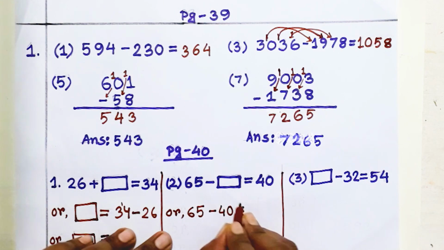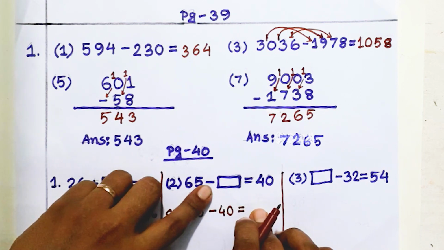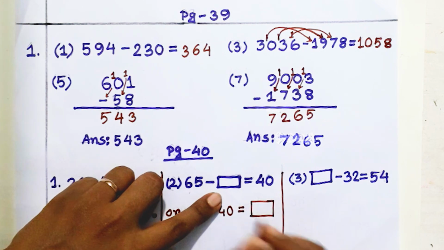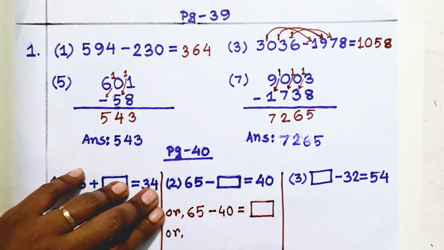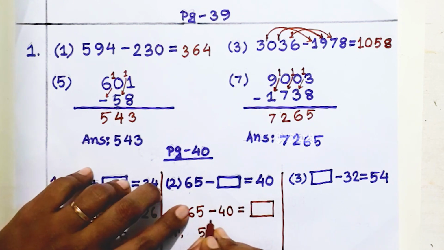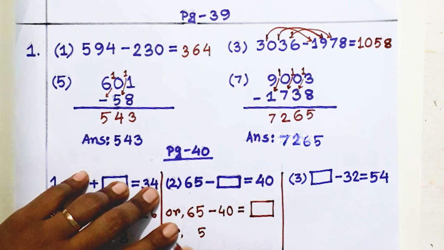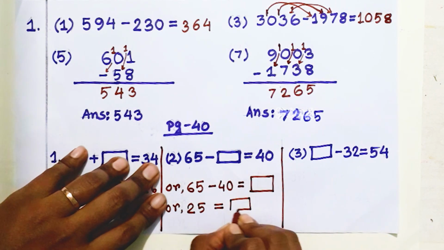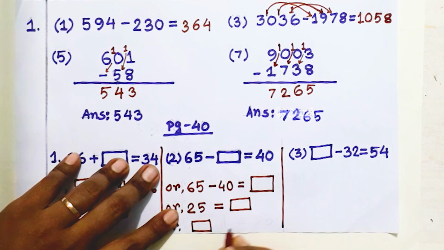Write this equal sign, and the box is here. 5 subtracted 0 is equal to 5, and 6 subtracted 4 is equal to 2. Write here the box. Again you can write this line this way. Here is a box and here is equal to 25.